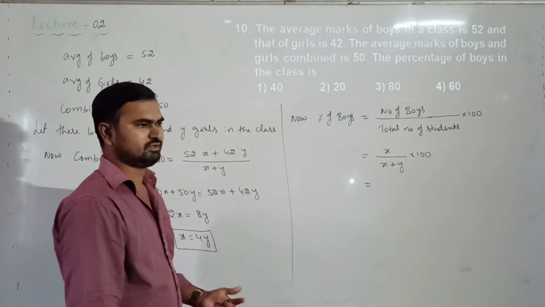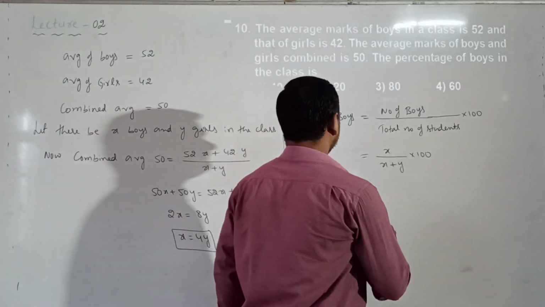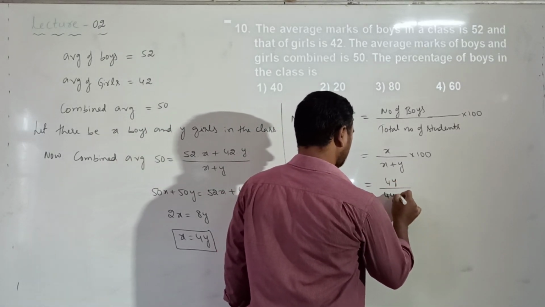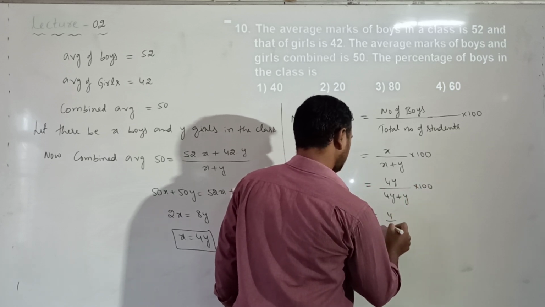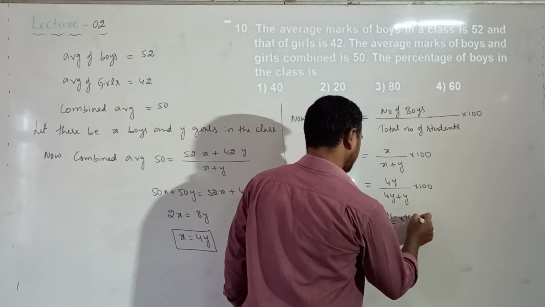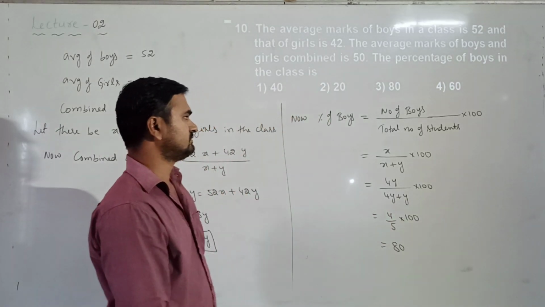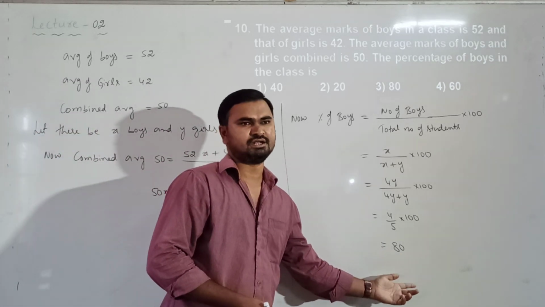Now we know the relation between x and y: x is 4y. So substituting here, we can find the percentage of boys. 4y divided by 4y plus y, into 100. So 4 by 5 into 100. That will be 80. So the percentage of boys in the class is 80.